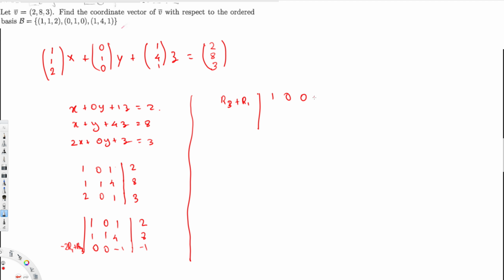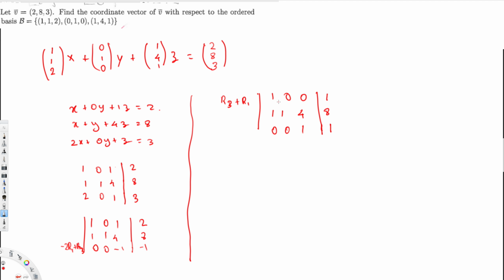The last one is going to be 2 plus -1, which becomes 1. Then we have 1 1 4 8 in the second row, and the third row is in negative form. I can make it positive by multiplying it by -1, and it's going to become 0 0 1 1.